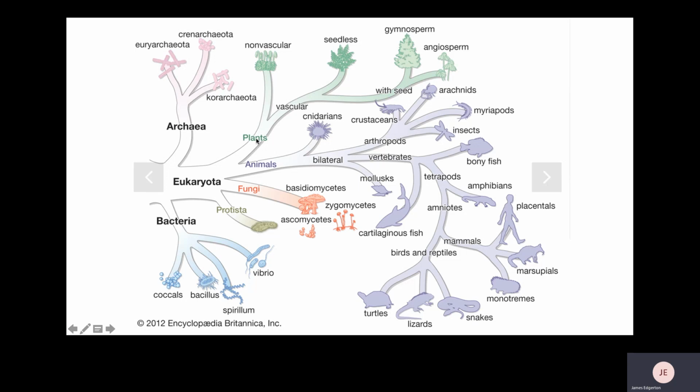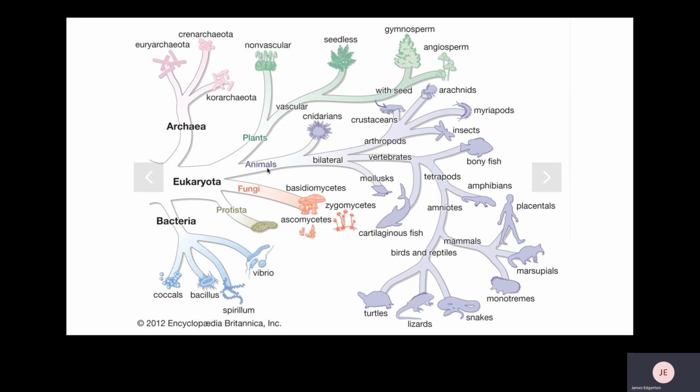Plants, again, have cell walls. They have a nucleus and membrane-bound organelles. All the eukaryotes have membrane-bound organelles, mitochondria. The plants have chloroplasts. They can do photosynthesis. Animals don't. They don't have chloroplasts. Fungi don't have chloroplasts, at least most; I'm sure there are exceptions.